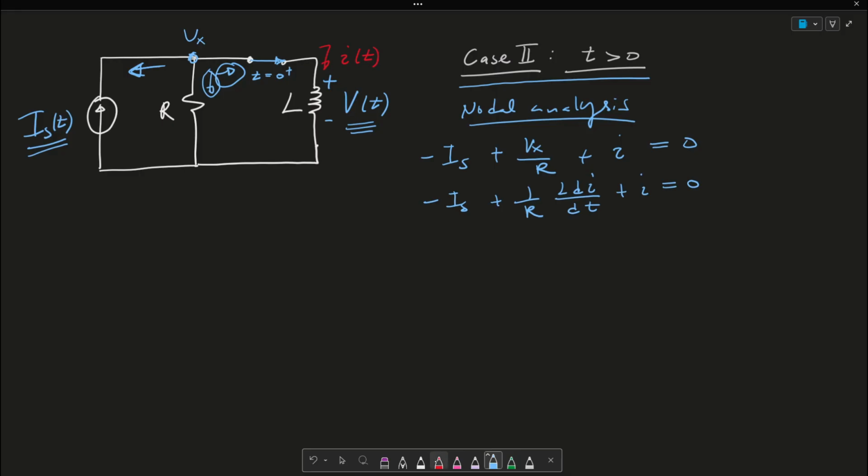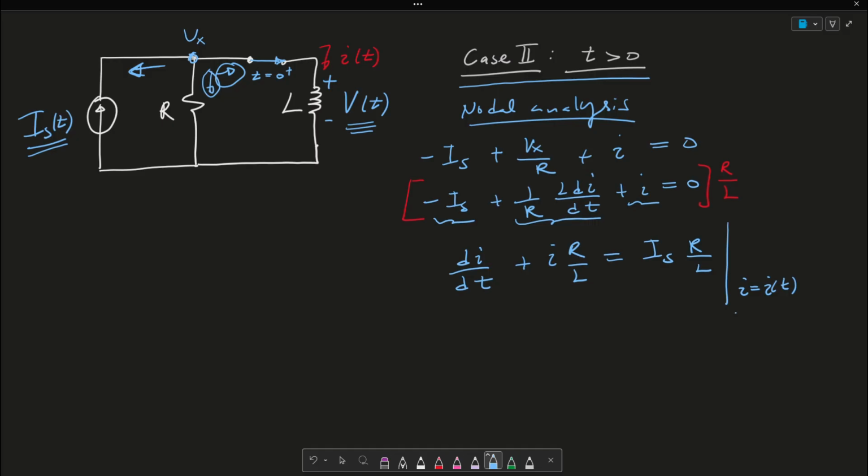If I multiply my entire equation by R over L, this term becomes di over dt, this I term becomes plus I times R over L, and I'm going to move this term to the right-hand side, so it's plus Is times R over L. Again, for clarification, I in this situation is I of t, and Is in this case is Is of t.